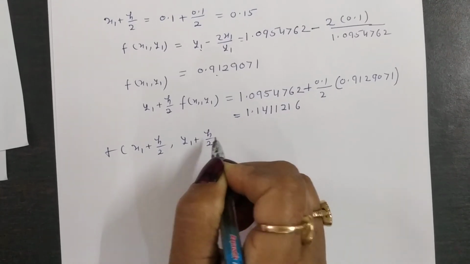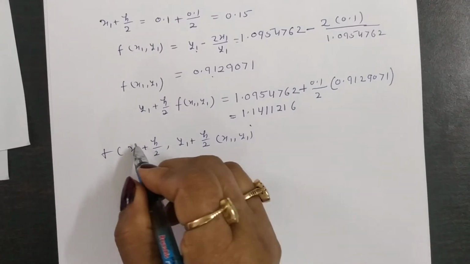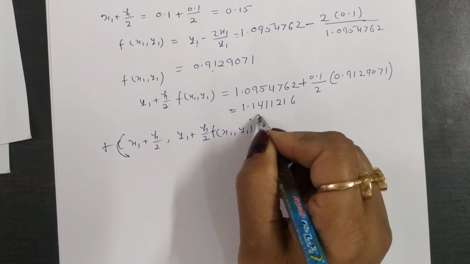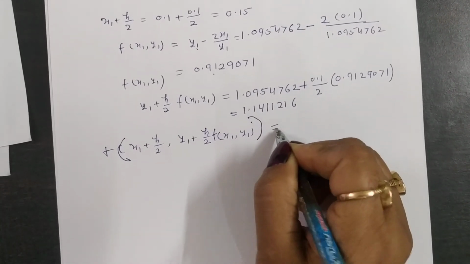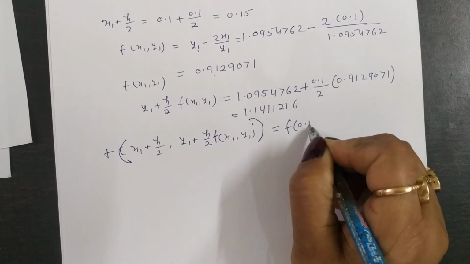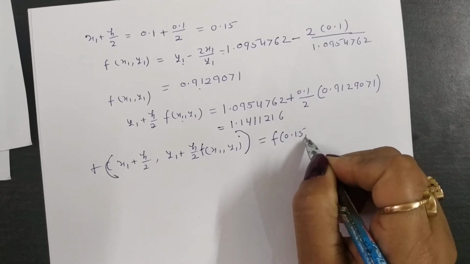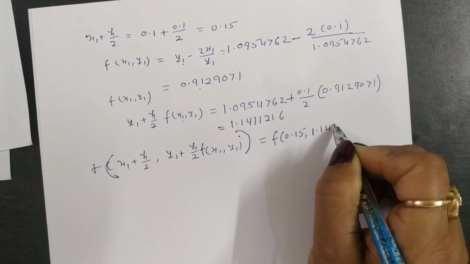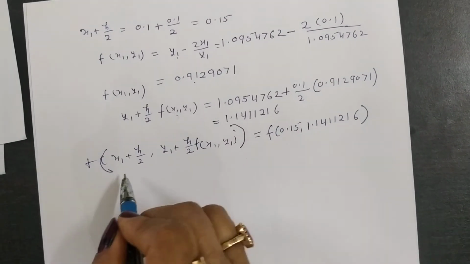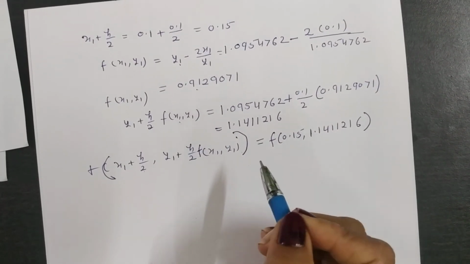Therefore the next value is f of x1 plus h by 2 and y1 plus h by 2 f of x1 y1. So you get f of x1 plus h by 2, which is 0.15, and y-value 1.1411216 that we calculated here.